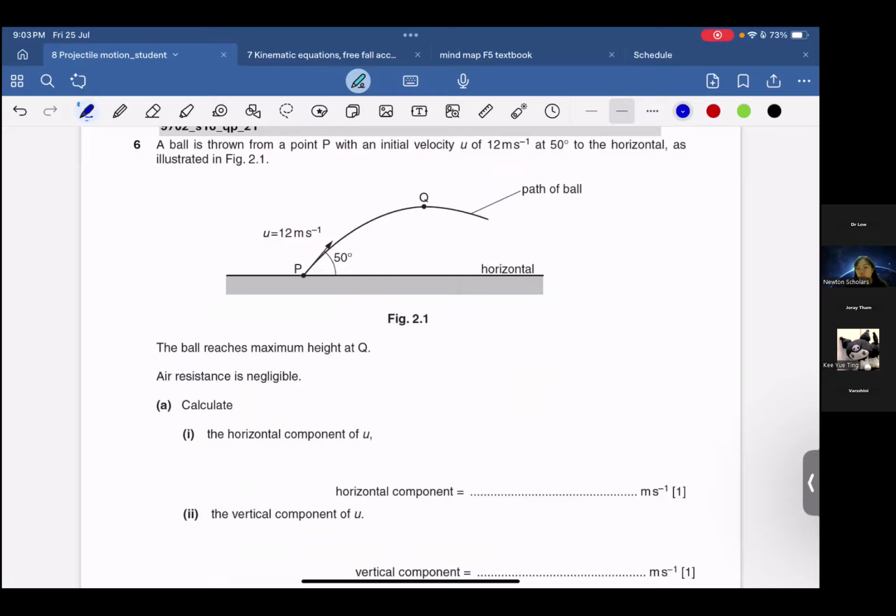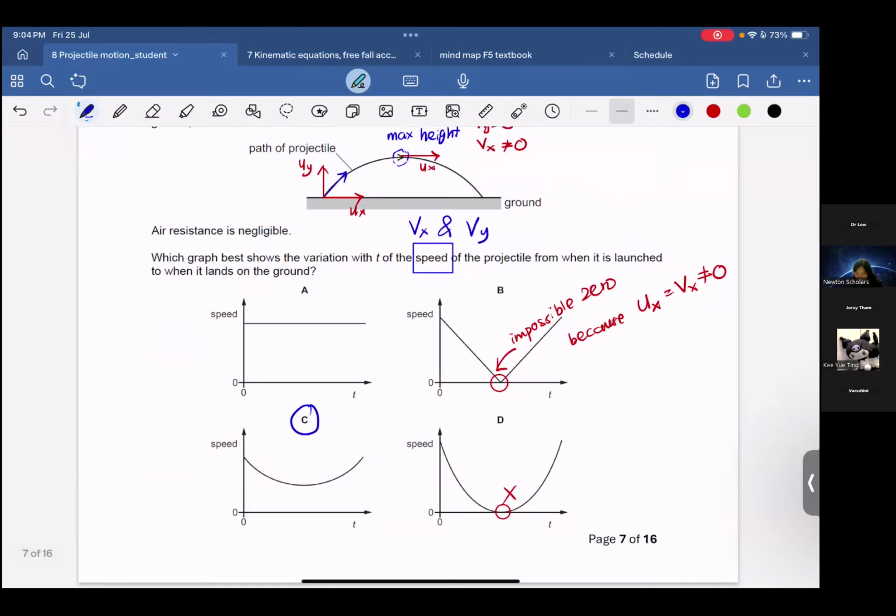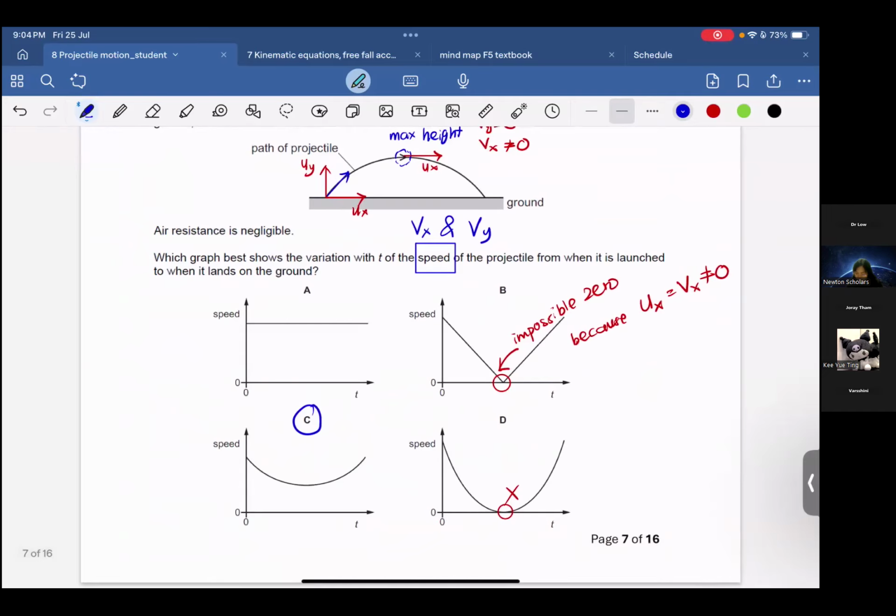If the question needs Vy, the answer should be B, right, teacher? Yes, if the question is asking for Vy, and only talking about the vertical position, yes. It will go to 0 and then fall down, affected by the constant acceleration, correct, Jore? Your idea is correct.